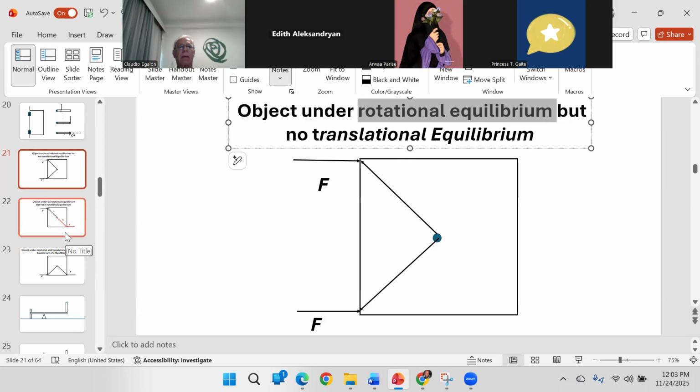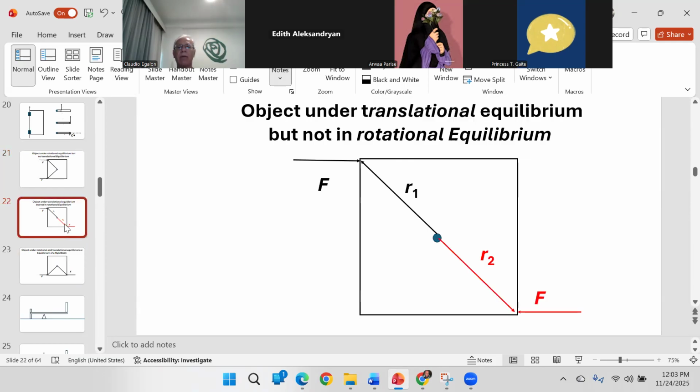You should be able to interpret what we see here. Next, we have this case. In this case, the object is in translational equilibrium. Why? Because the net force applied to this object is zero. This force is from the left to the right, this force from the right to the left. Both forces have the same magnitude, so the object is not accelerating linearly.